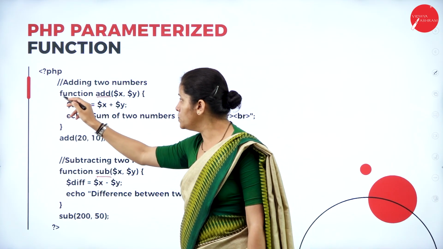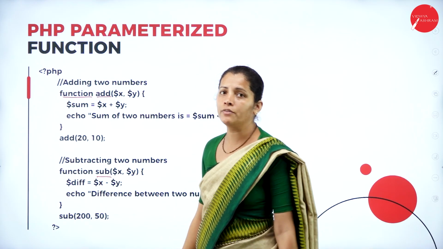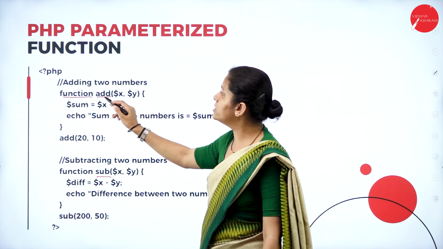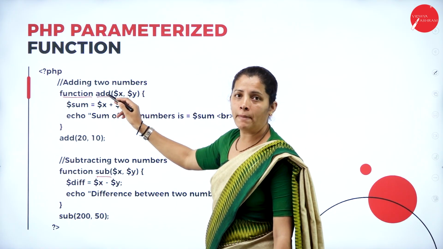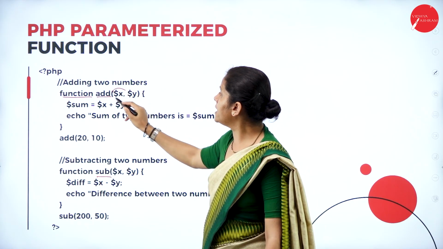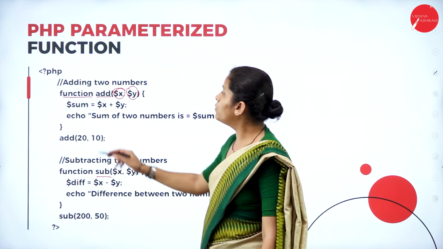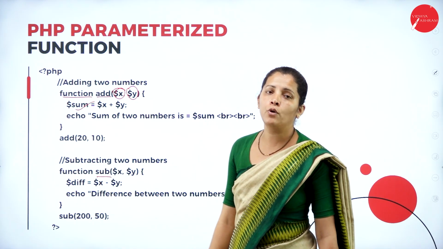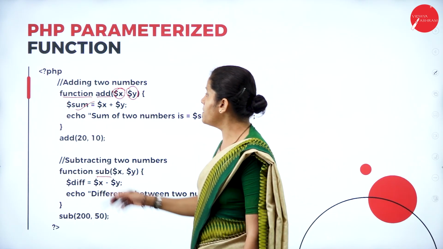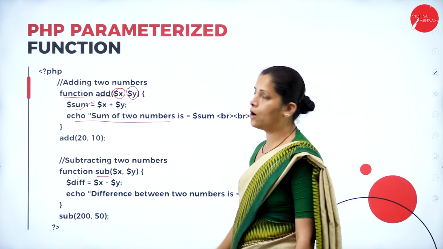For that, I use the keyword called function. And what's my function name? add itself is my function name, and it takes two parameters x and y. After that, I'm going to perform the summation, and at the same time, I'm going to display the output.